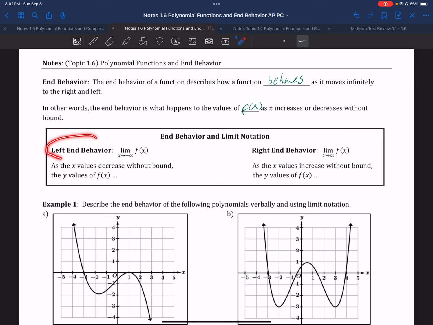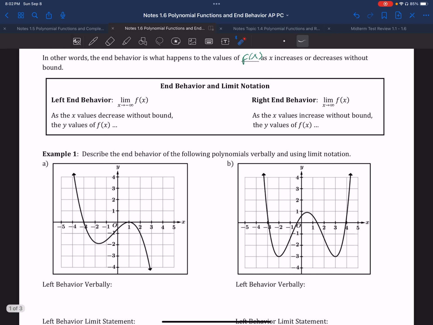This will always be the same for any left behavior of any function, and all it means is as the x values decrease without bound, or like I said, as the x values decrease forever, the y values of f of x do this. The right end behavior will be similar: the limit as x approaches positive infinity of f of x, or as the x values increase without bound, the y values of f of x approach this number.